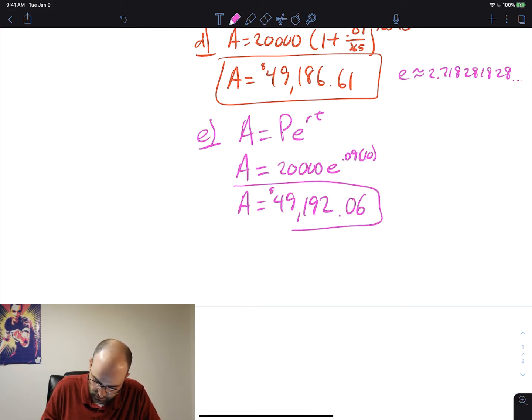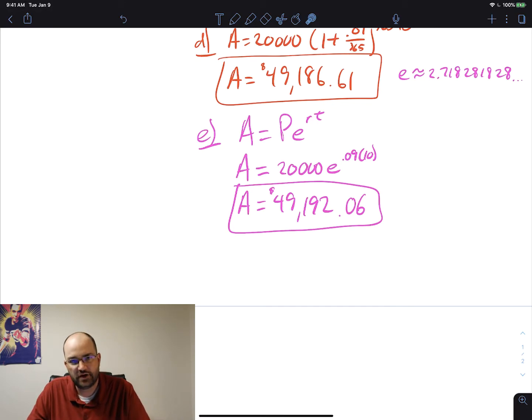And this actually represents the maximum amount of money that you can possibly get at this particular interest rate of 9%. And that's even from just 365. Notice that that's really just an increase of $6. That's not much, especially for changing from 365 going up to infinity.